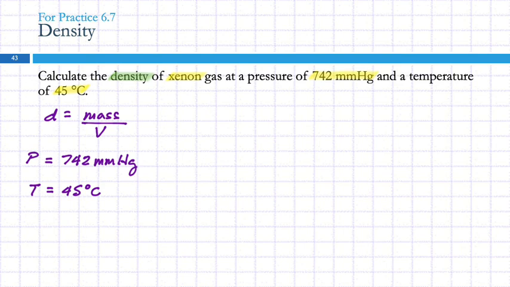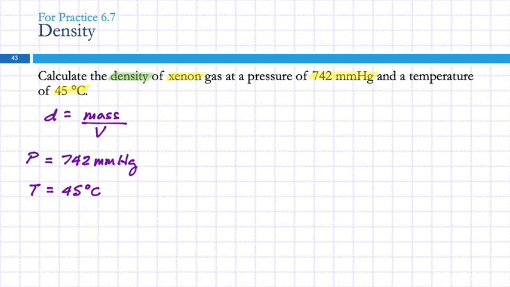Does the density of xenon gas change if you have more or less gas under the same conditions? Does the density of a log change if you cut it in half? No, because the mass and the volume are changing in the same way, and so the density is constant.